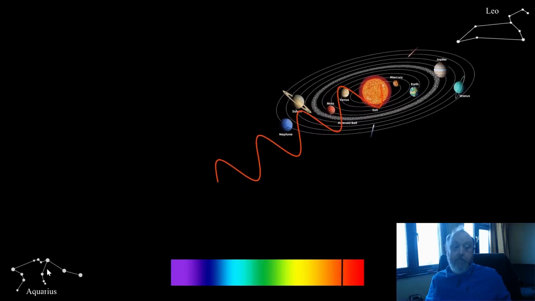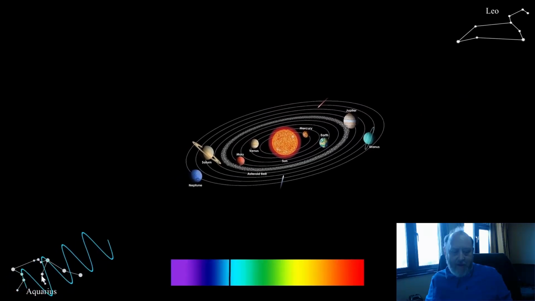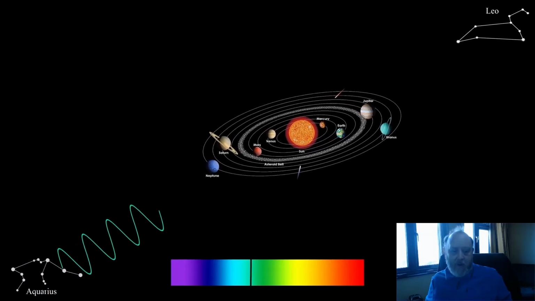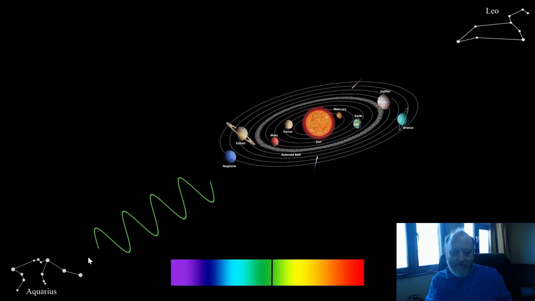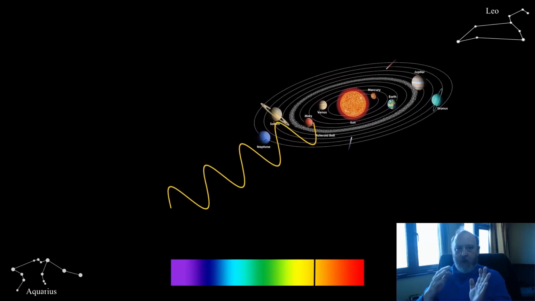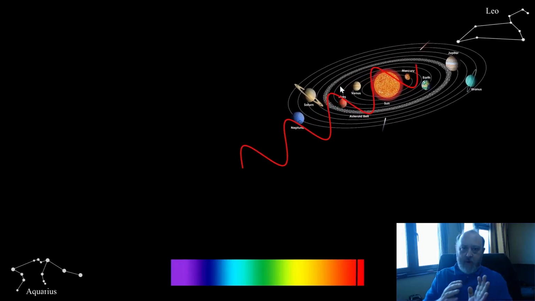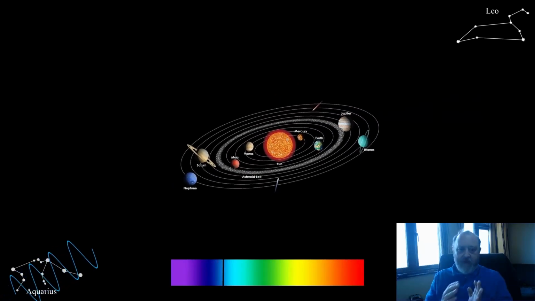So light from the direction of Aquarius is increasingly being redshifted because our solar system is moving away from it.